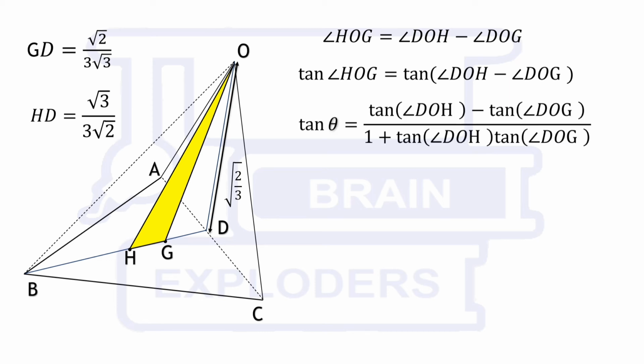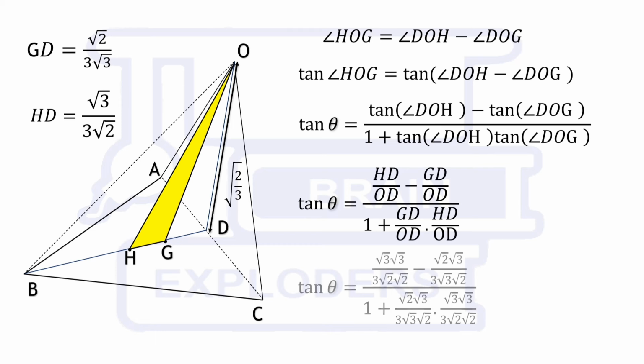Apply the formula for tan A minus tan B over 1 plus tan A tan B. Now from triangle DOH take the value of tan DOH and from triangle DOG take the value of tan DOG. Now substitute the values of all the line segments and finally we get tan theta is equal to 1 over 7 and this is our solution.